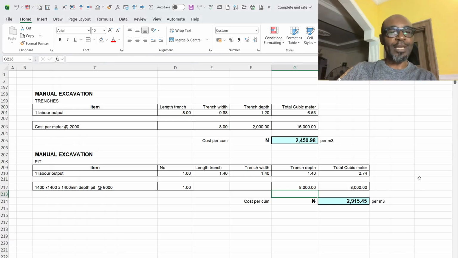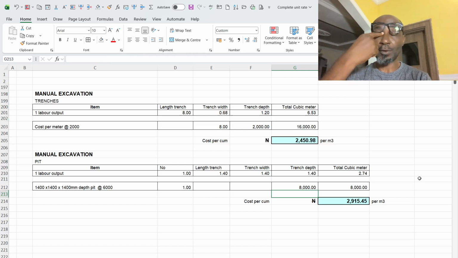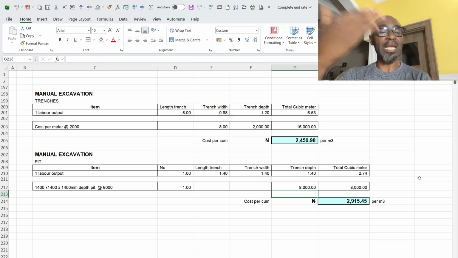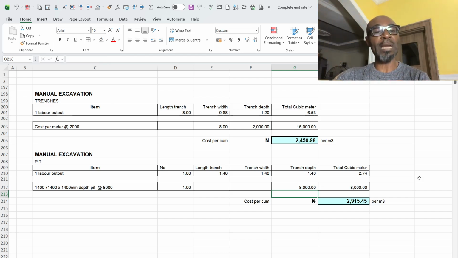Welcome to another topic, but still on excavation. Remember in my last video, I dealt with mechanical cost per cubic meter for using the mechanical means of excavation. And I told us there are two methods of excavation on site, which is manual and mechanical.